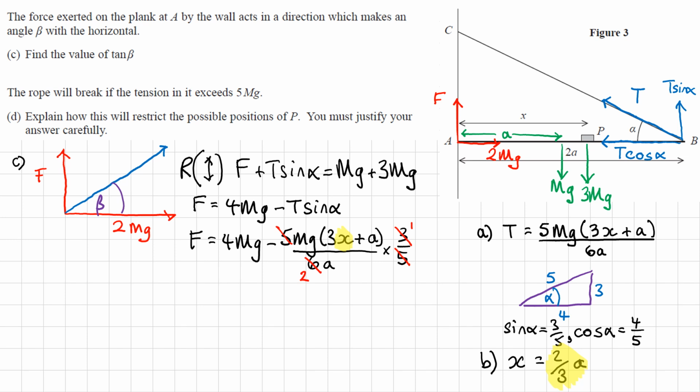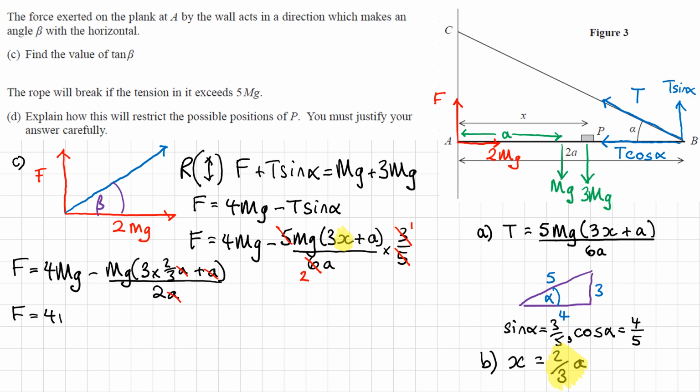So that'll give me F is equal to 4 mg, and then minus, now I'll have mg, and then 3 times by 2/3 a plus a all over 2a. Now the a's will cancel out, because if I were to expand the brackets, every term would have a in it. So it simplifies even further.